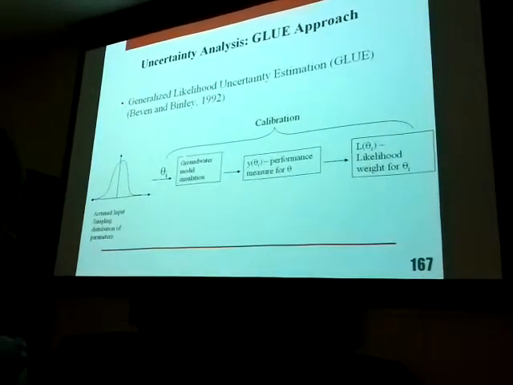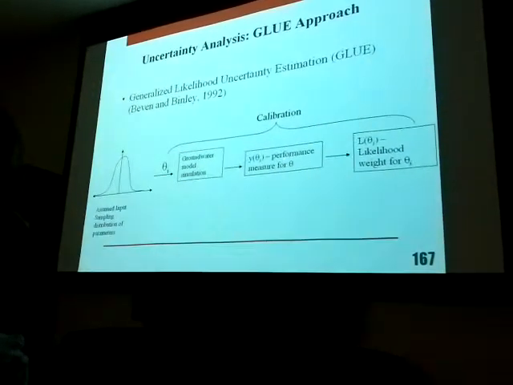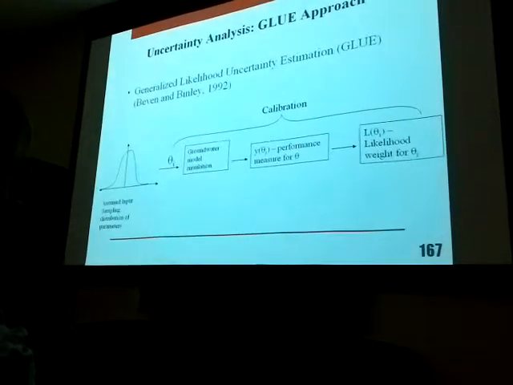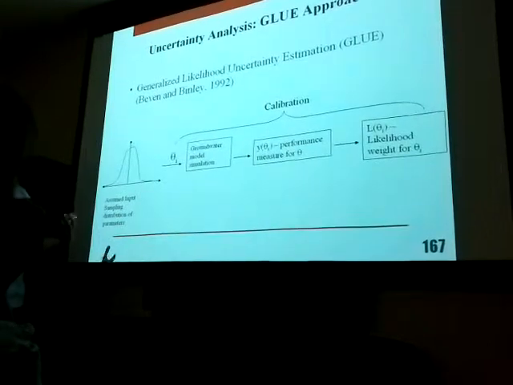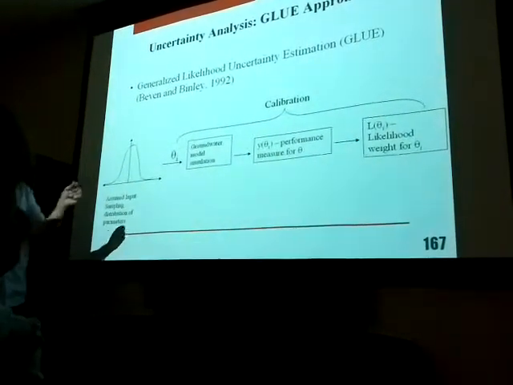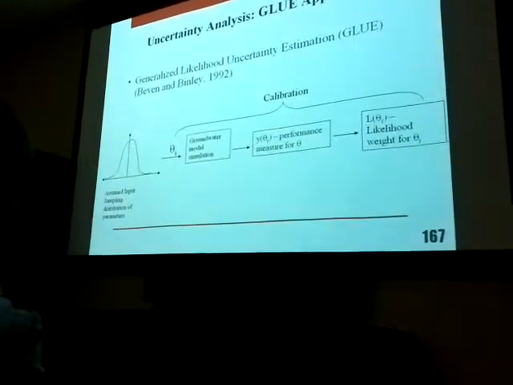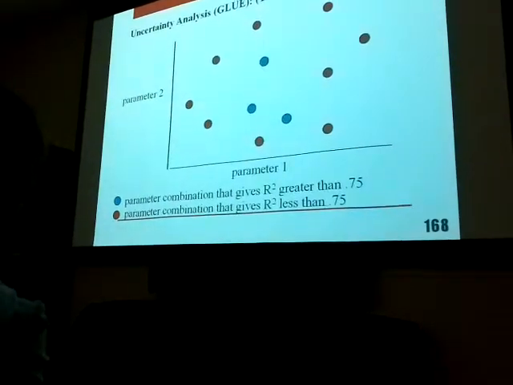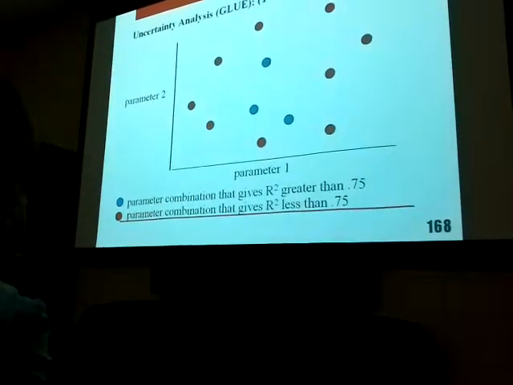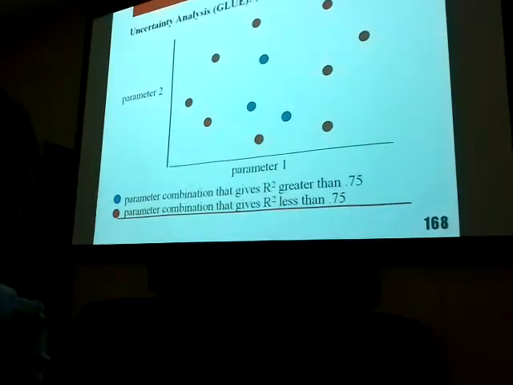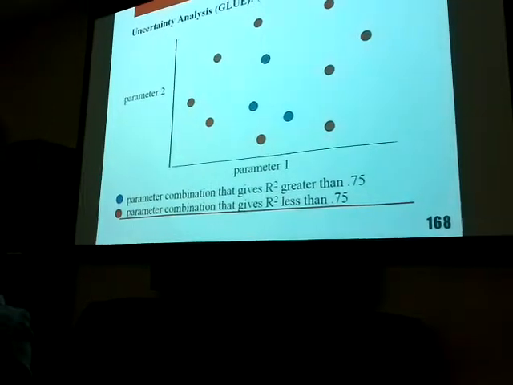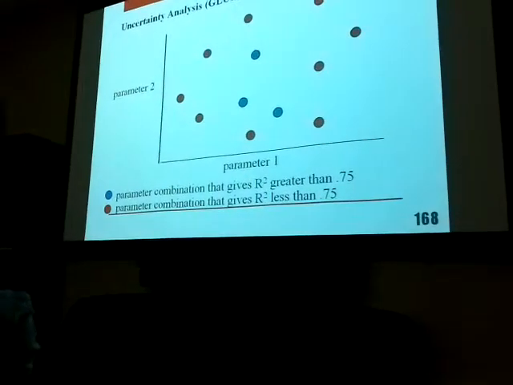So they take a simulation, they compare it to an observed value, and then they put basically a likelihood or a chance of success, and they put a weight for each value. So for example, all the parameters of the blue dots, you can see are different parameters, parameter 1, parameter 2.